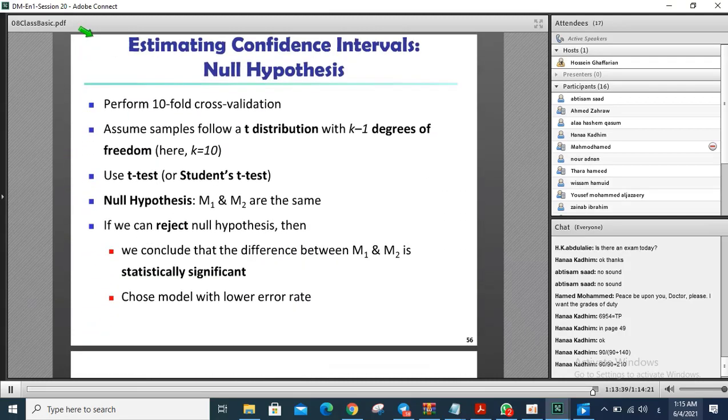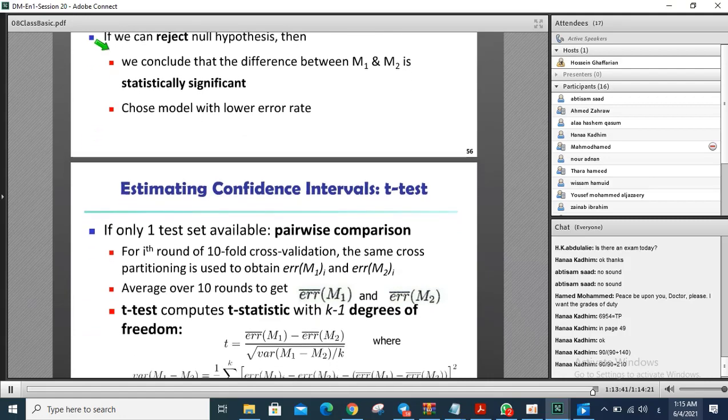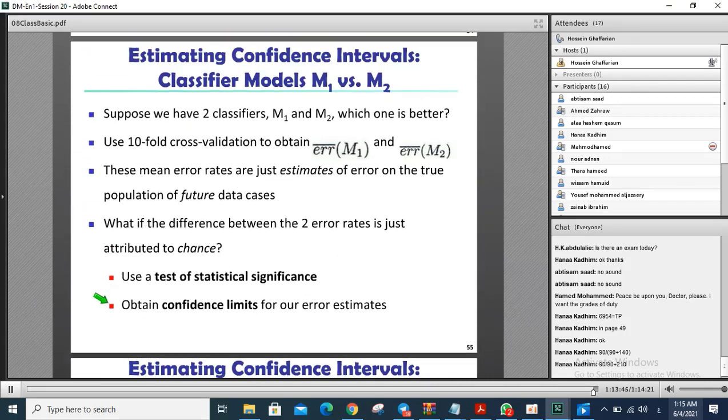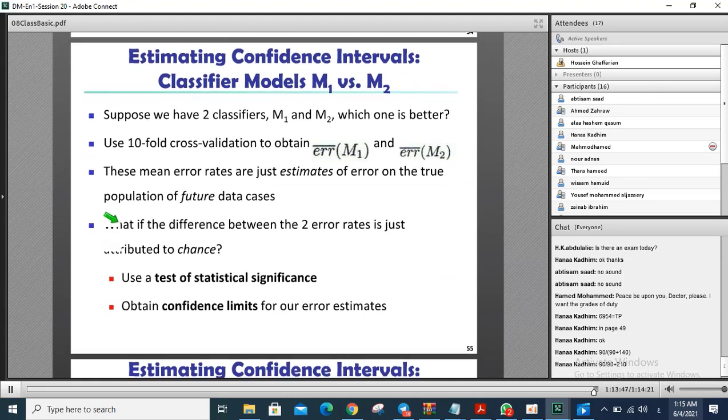Bootstrap is better than the holdout strategy.